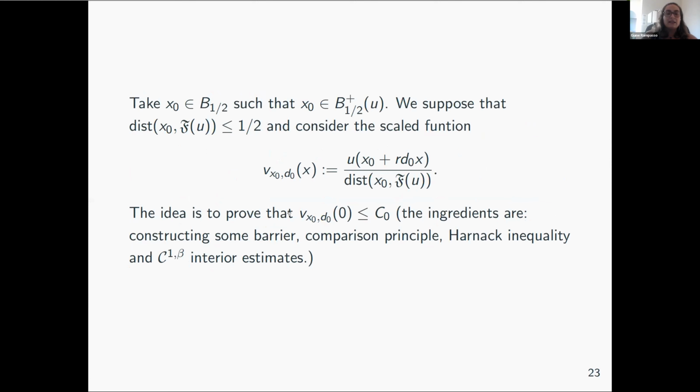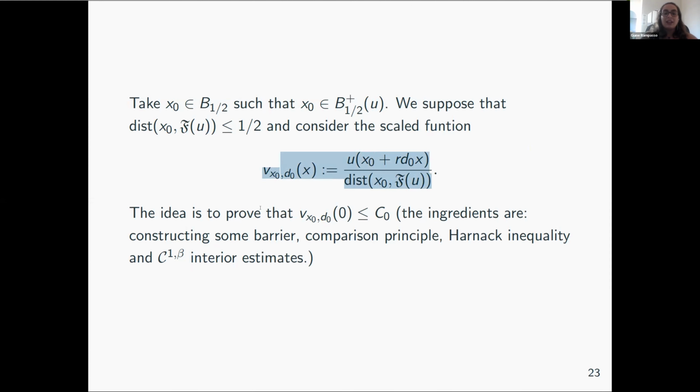The general idea is to take x0 in B_{1/2}^+ and suppose that the distance of x0 to the free boundary is less than or equal to 1/2, and we consider this scaled function.